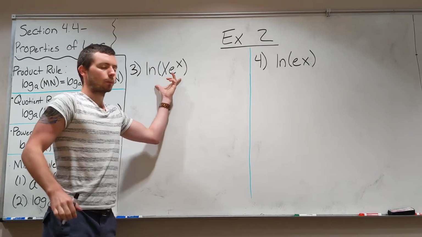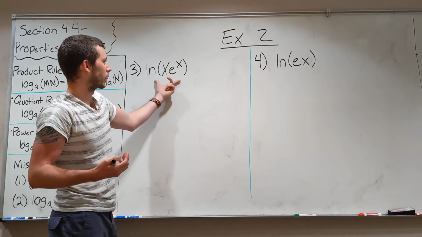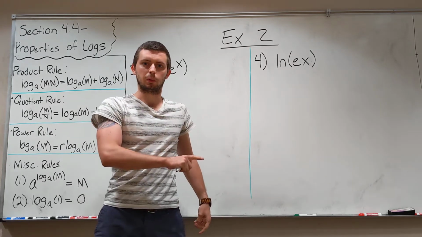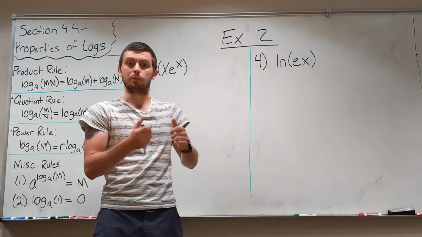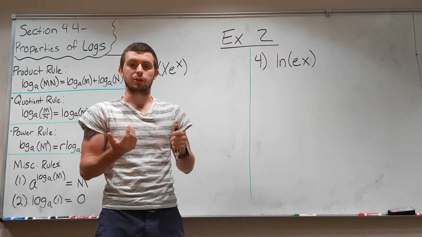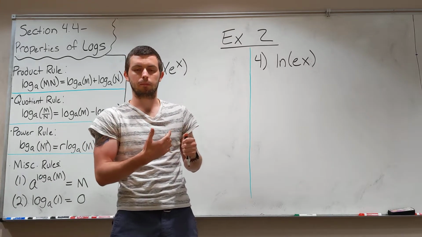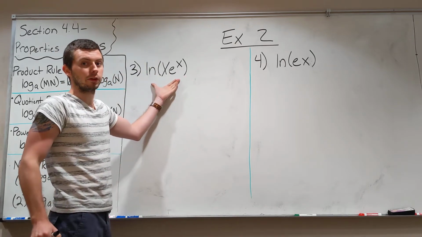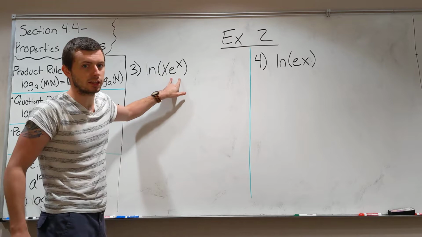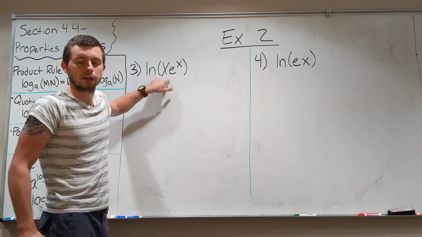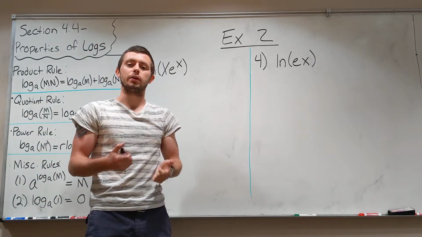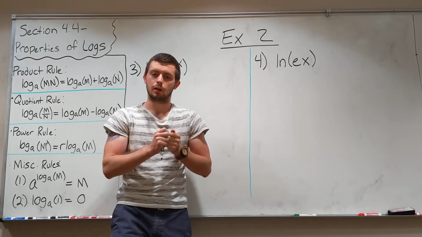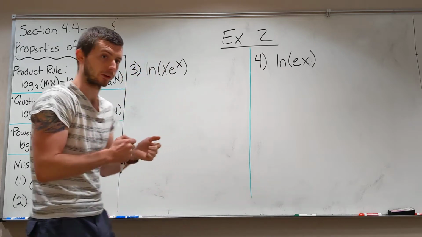Remember earlier, I did mention if you're evaluating an e function with a natural log, then the e and the natural log cancel. Notice that's not the case here. It's not just ln and an e. That x is getting in the way, which is another reason why splitting up logarithms is sometimes a good thing, because we can simplify individual components after we split everything up.